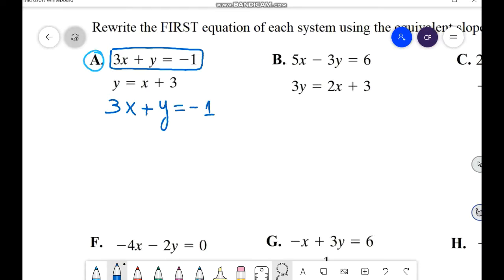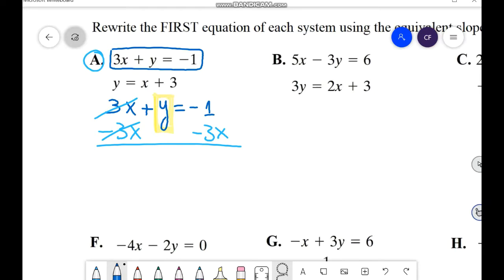Change it to make it look like the slope-intercept form. Move everything to the right-hand side and keep only y on the left-hand side. Move 3x to the right-hand side by subtracting 3x on both sides.